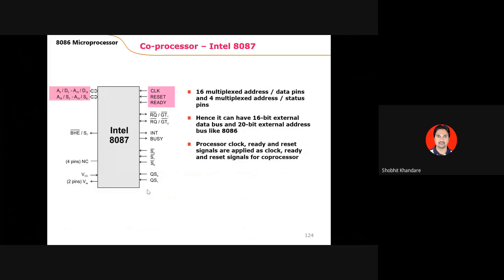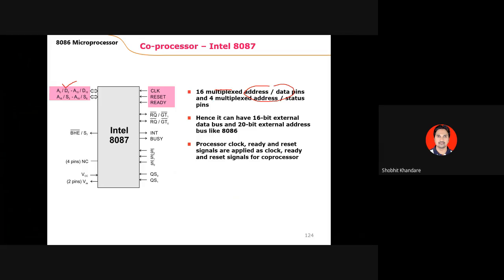So for example, this is also 16 here. If you talk about the pins, I will go fast to make you understand. See, it is a 16-bit multiplexed address and data pins. You can see here D0 to D15, they are multiplexed with A0 to A15.